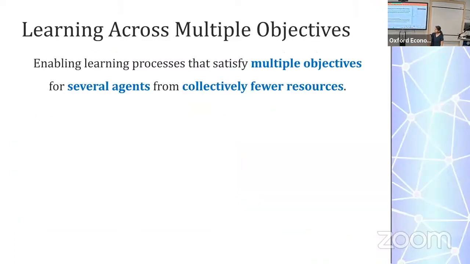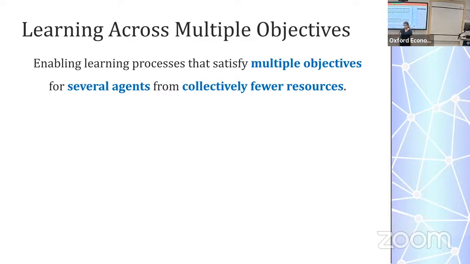Okay, so these are just 3 high-level examples. We're going to go into each one of them, mostly the first 2. But the picture that they're really painting, I'm hoping that you get from this introductory part, is that what we're trying to do is enable a process that is satisfying multiple different objectives for different groups of people.